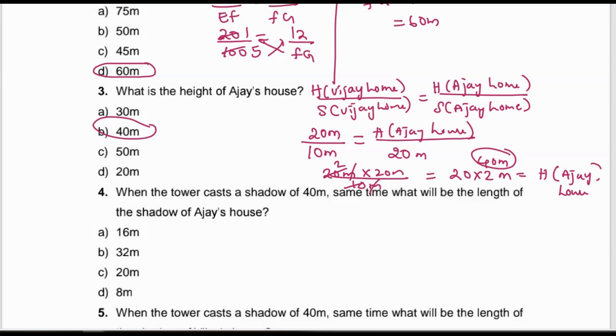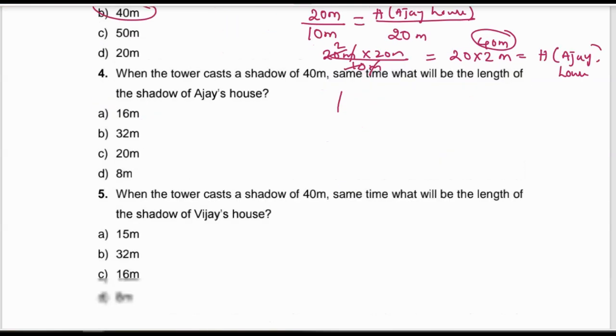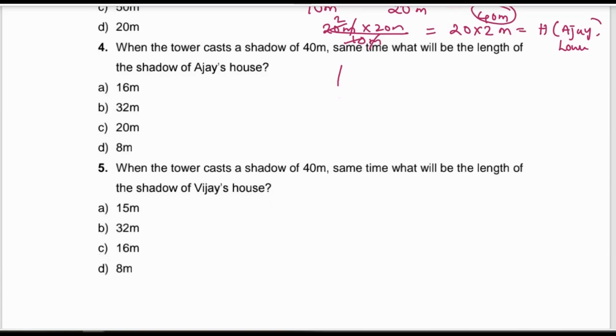Then moving with the next one, we have: when the tower casts a shadow of 40 meter, at the same time what will be the length of the shadow of Ajay house?